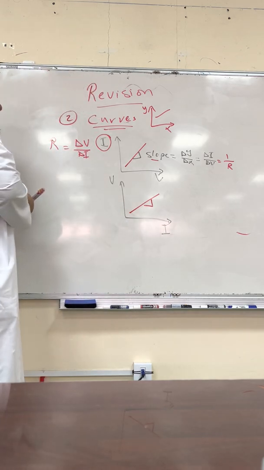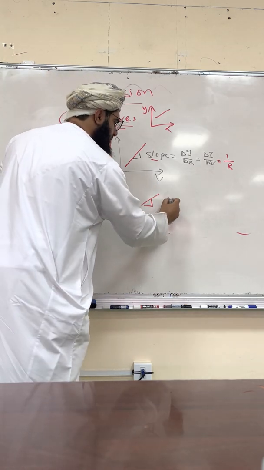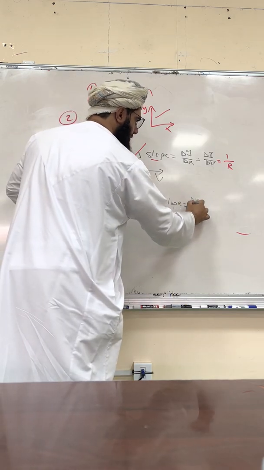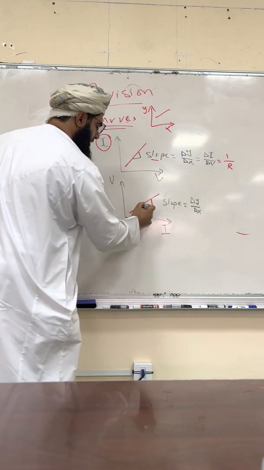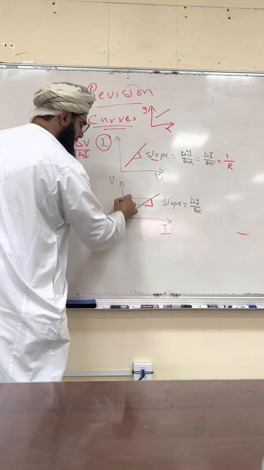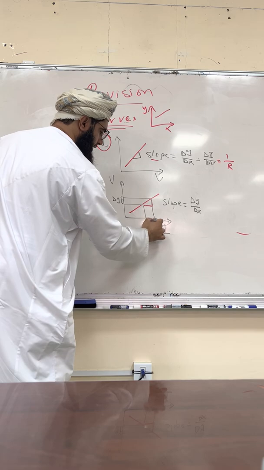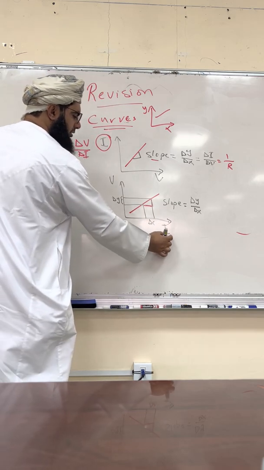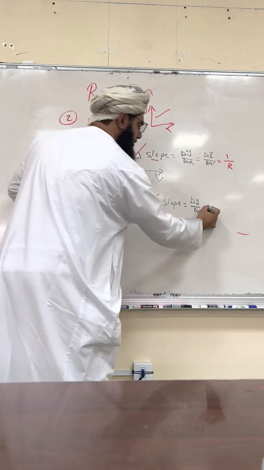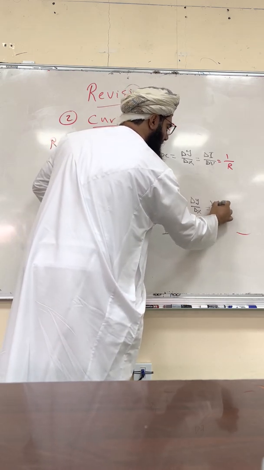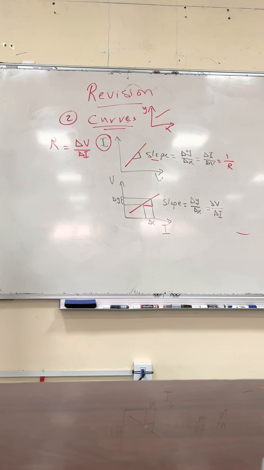Now we have the slope equal to delta y over delta x. This is delta y, and this is delta x. We know delta x now is delta I, so delta I goes down there, and we have delta V here.